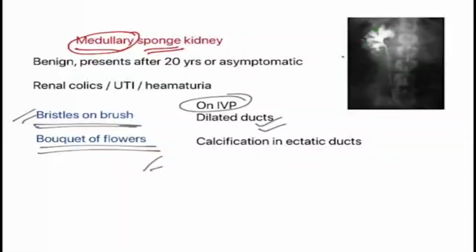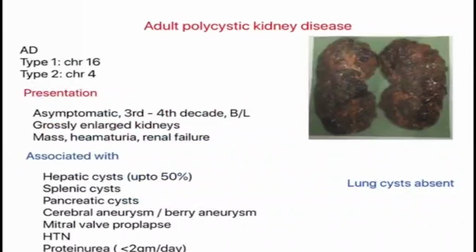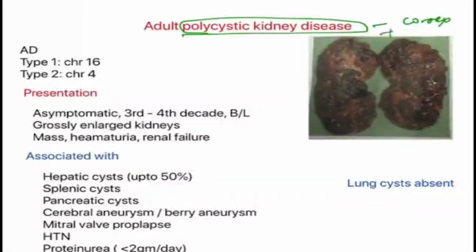Dilated ducts are seen as bristles on brush and calcifications are seen as bristles of flower. These are also benign and present after 20 years or may be asymptomatic. The clinical features are colics, UTI or hematuria.